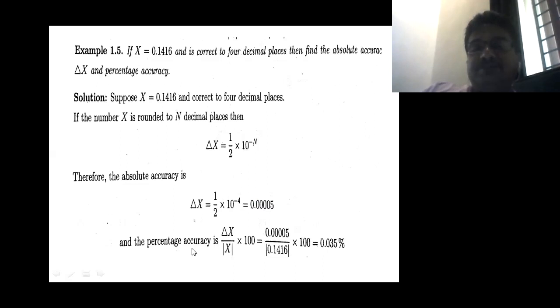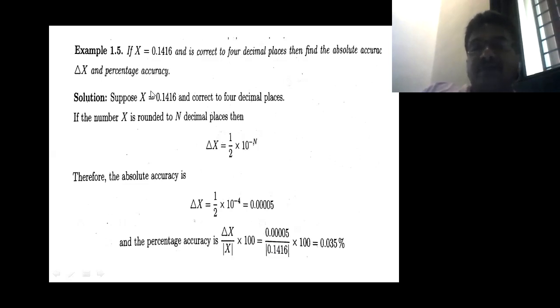Okay, and therefore the percentage error is what? Percentage error is absolute error divided by true value or given value, into 100. That is, delta x divided by mod x, which is the relative error. So relative error into 100, that is 0.5 times 10 to the minus 4 divided by the value given, 0.1416, into 100, that is 0.035. This is the percentage accuracy or percentage error. So the question is absolute accuracy is this, and percentage accuracy.